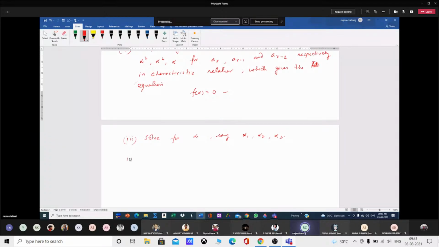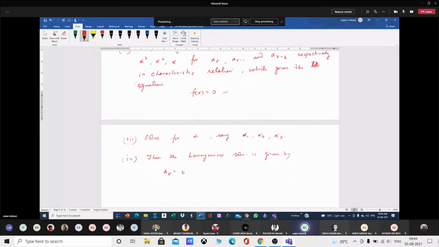You made it. Then the corresponding solution, the homogeneous solution I'm writing, or the corresponding solution of the homogeneous recurrence, is given by, first I'm considering distinct roots.